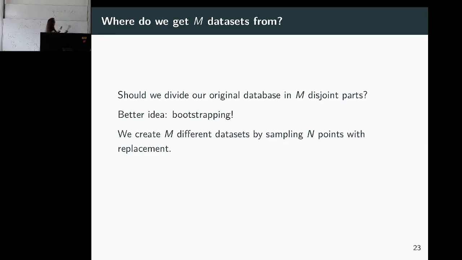So our new data set could look like this. The first one could be, I don't know, B. The second one could be, I don't know, C, D, and whatever. So this is how the new data sets look.